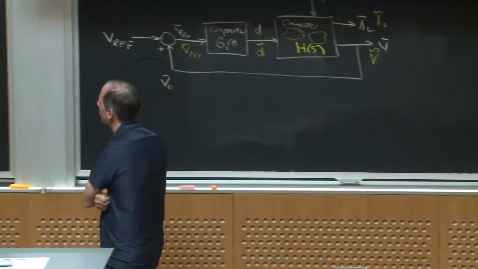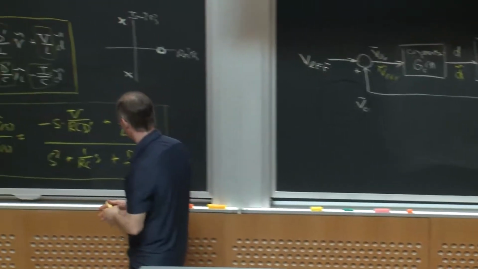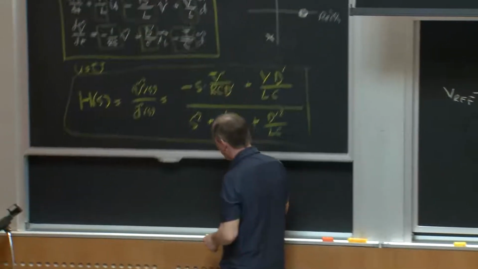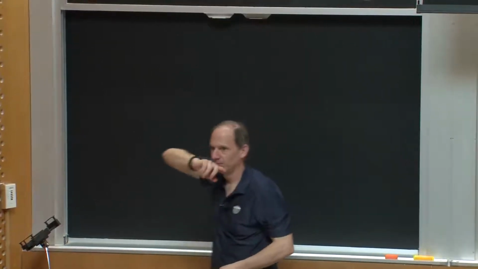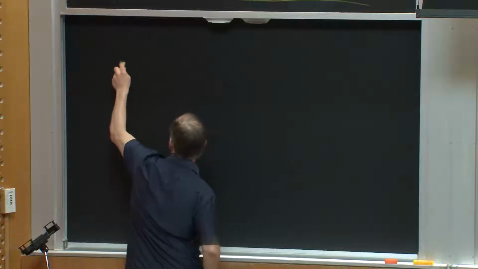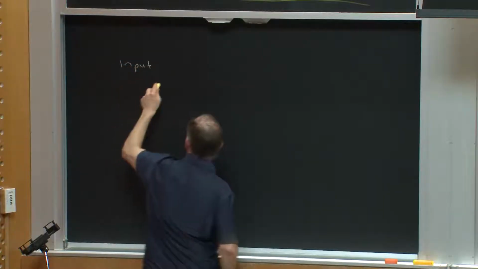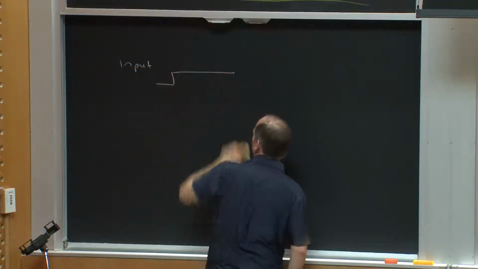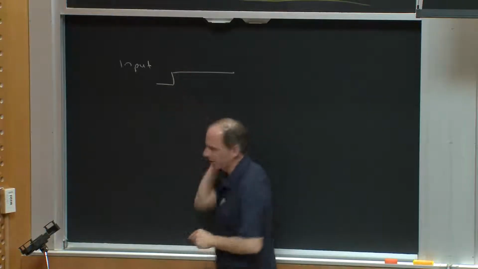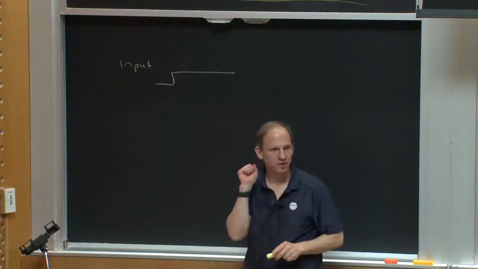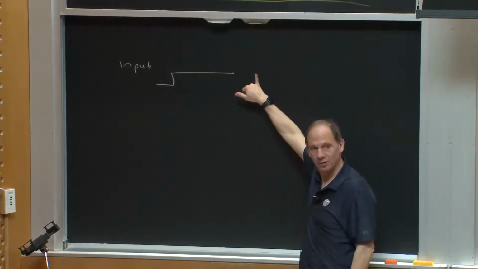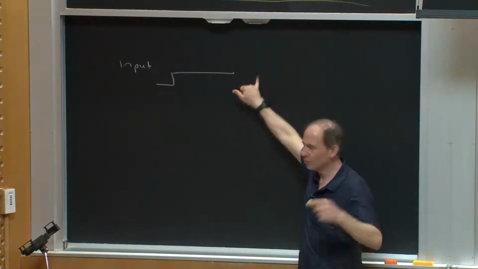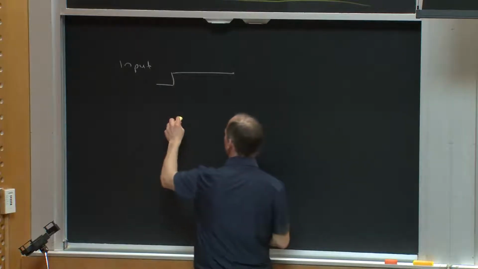What does a right half plane 0 tend to do? If I take a system with a right half plane 0 and I step the input, so suppose here's my input, and I step my input up a little bit, eventually what I want is that the output should go up too, right? A system with a right half plane 0 tends to do this.